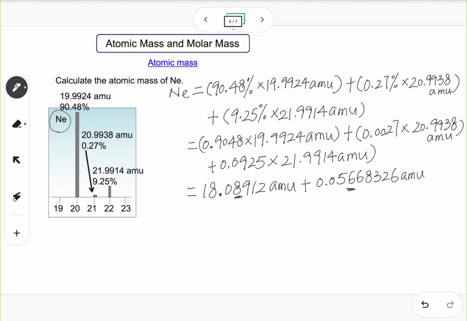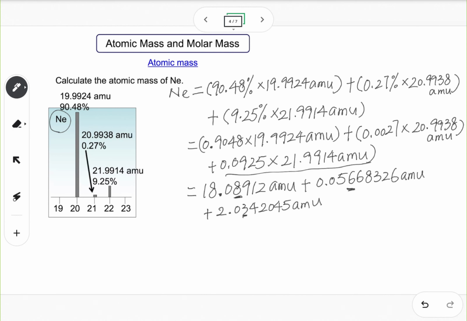The third item right here equals 2.0342045 AMU. It has 3 significant figures, so we are supposed to have 3 significant figures. I would like to highlight 3 in this case.